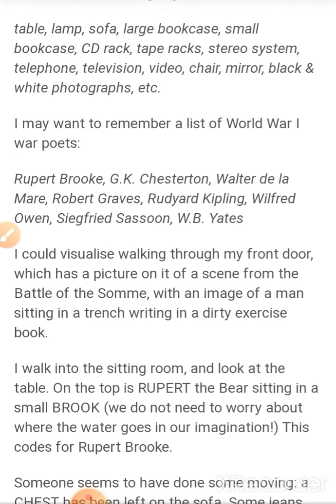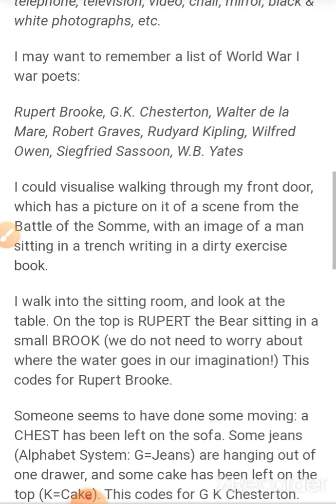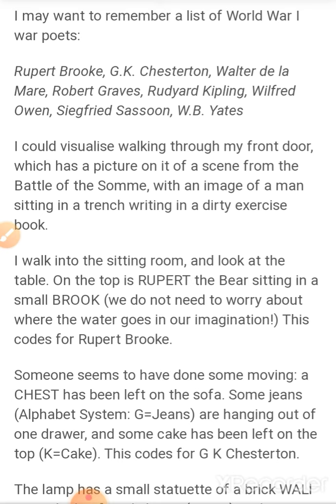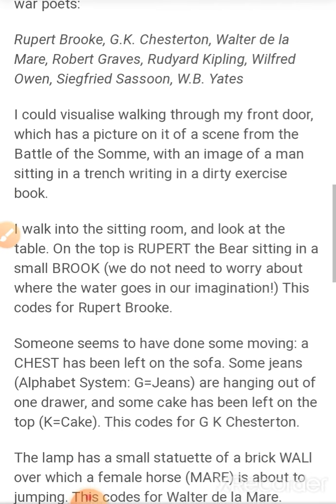I walk into the sitting room and look at the table. On the top is Rupert the bear sitting in a small brook. We do not need to worry about where the water goes in our imagination. This stands for Rupert Brooke. Someone seems to have done some moving. A chest has been left on the sofa.